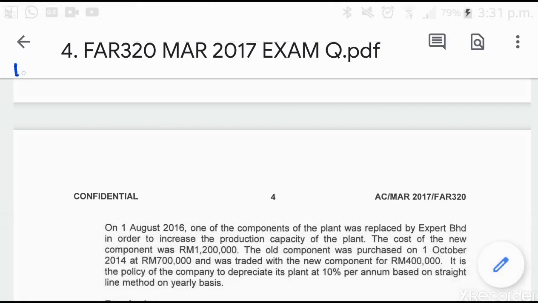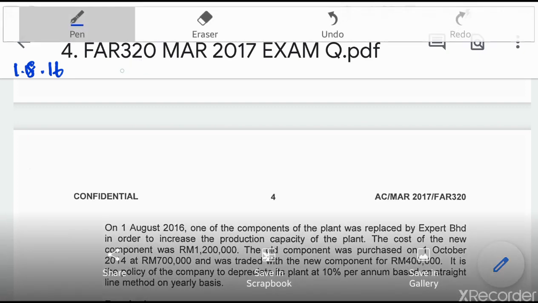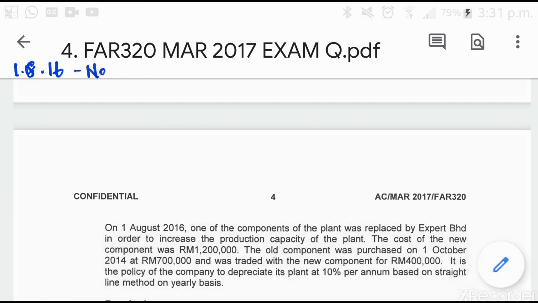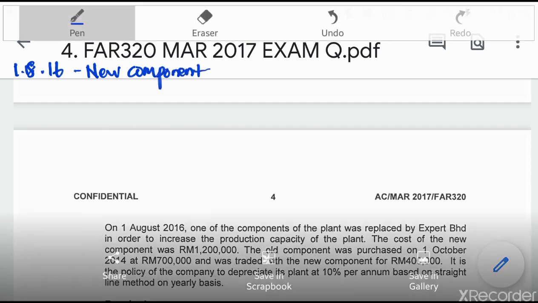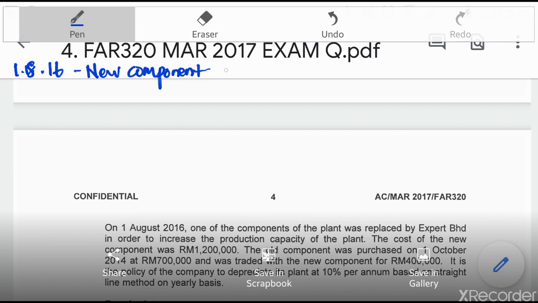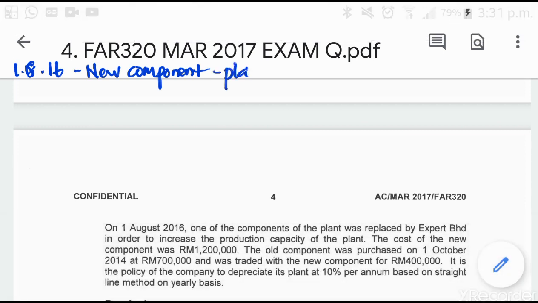So you have on 1st of August 2016 the new component. I'm doing this working so that it can help you with doing the movement. This is a new component of the plant purchase.